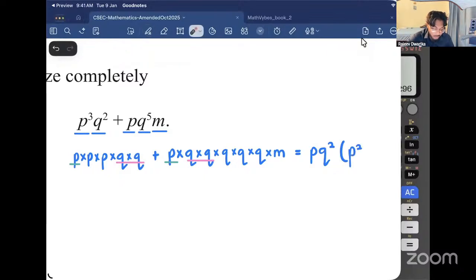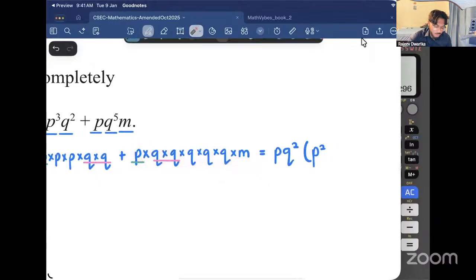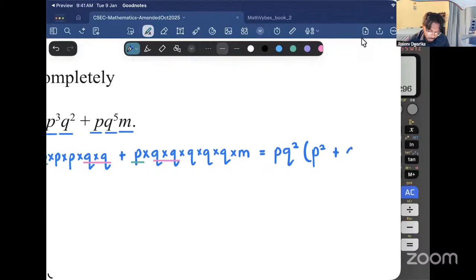And over here we pulled out the P and the Q by Q, so what's left is Q by Q by Q. What does that mean? Q to the power of 3. So I'll say plus Q to the power 3, and I have M here, so Q to the power 3M. Let me know if you fully understand.